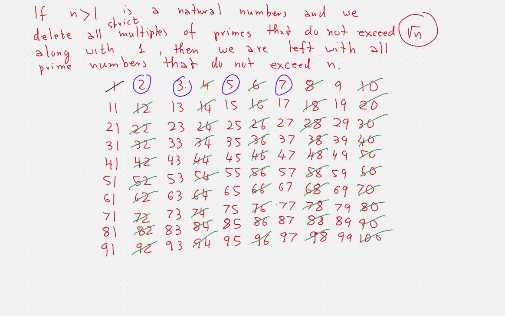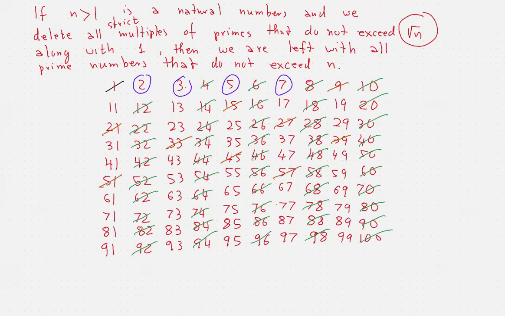We have to get rid of 9, 15, 21, 27, 33, 39, 45, 51, 57, 63, 69.